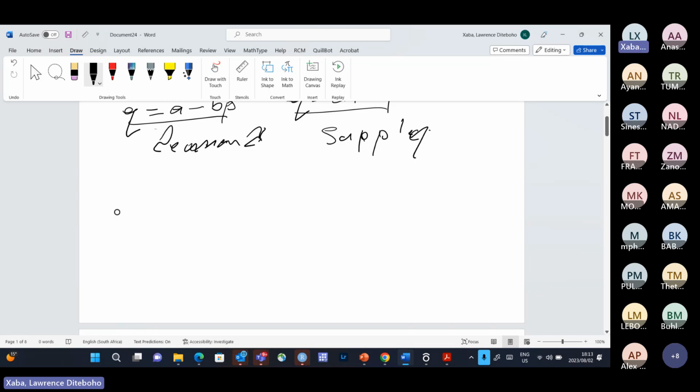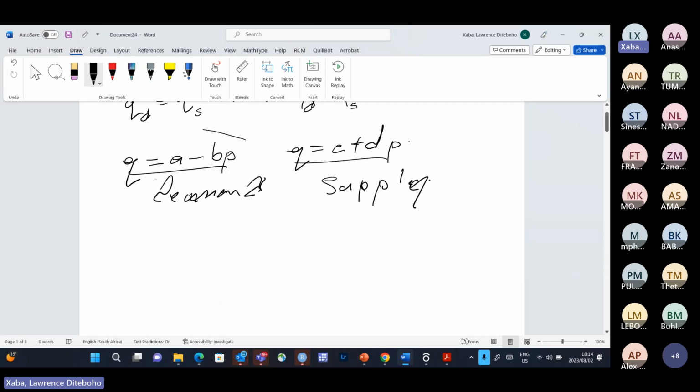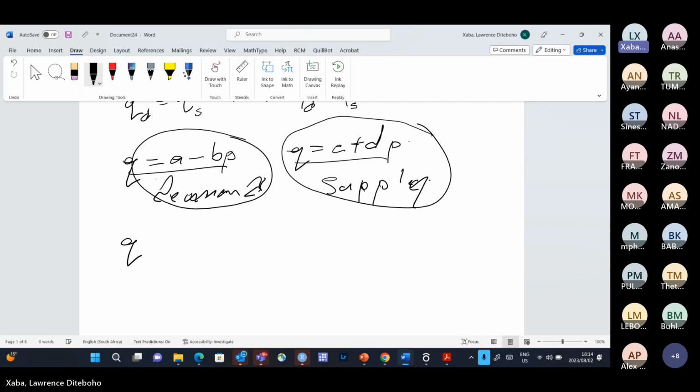In this case, we're given an equation of demand, which is Q equals to 210 minus 3.5 P.